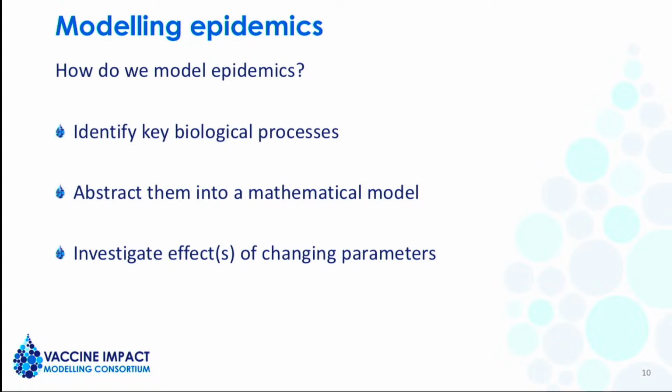We don't necessarily have to know them all. We're going to extract them and put them into a mathematical model, again focusing on our question or our context of interest. And then once we've got a mathematical model, we can start exploring its behavior. So looking at changing the parameters, maybe estimating it from data, and looking at the dynamics of our model. Okay.